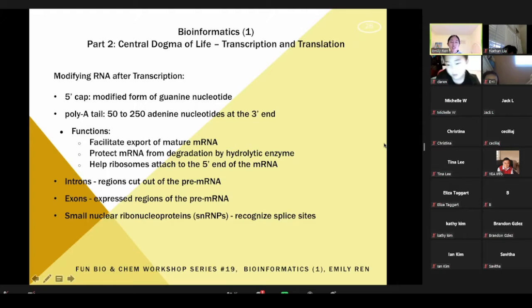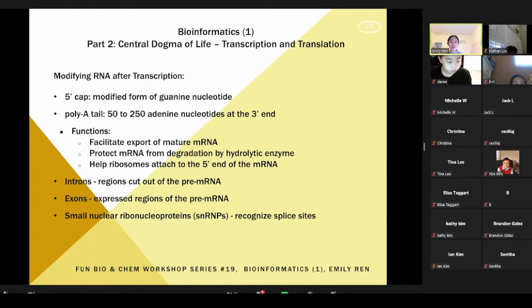After RNA is synthesized, it's modified in something called post-transcription modifications. In this process, a 5' cap is added to the RNA, and the 5' cap is a modified form of the guanine nucleotide. There's also a poly A tail, which is a sequence of 50 to 250 adenine nucleotides that is present at the 3' end.